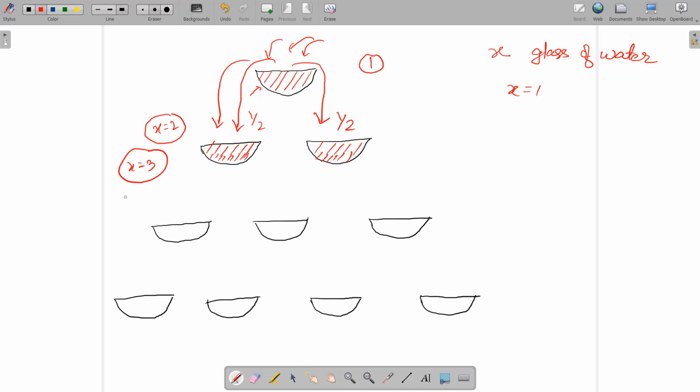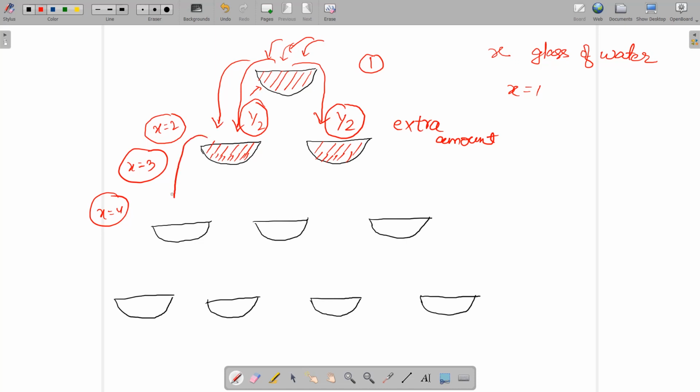Now when x is 4, this is quite tricky. When you pour exactly one extra glass of water over here, 1 by 2 amount of water will come over here, and 1 by 2 amount of water will come over here, and that would be an extra amount of water, so that will also overflow.